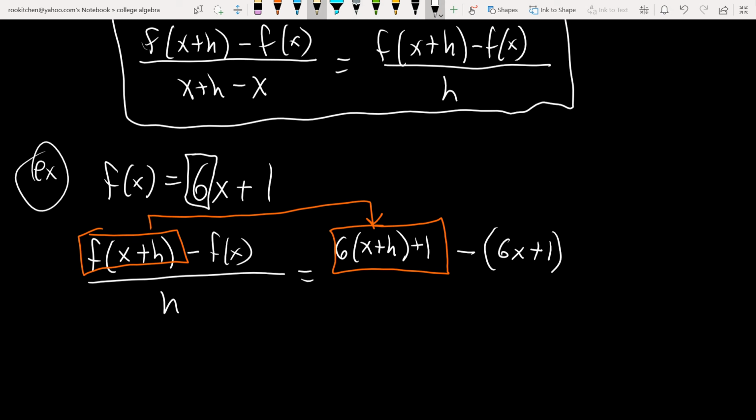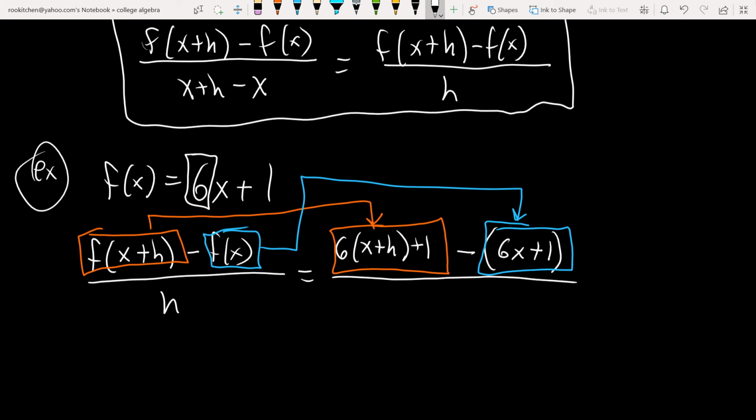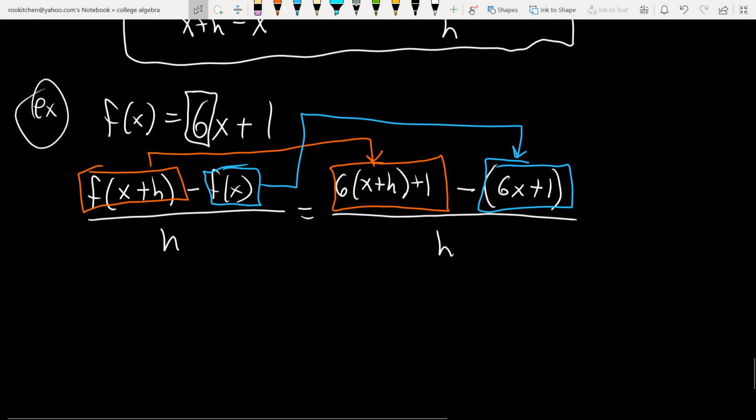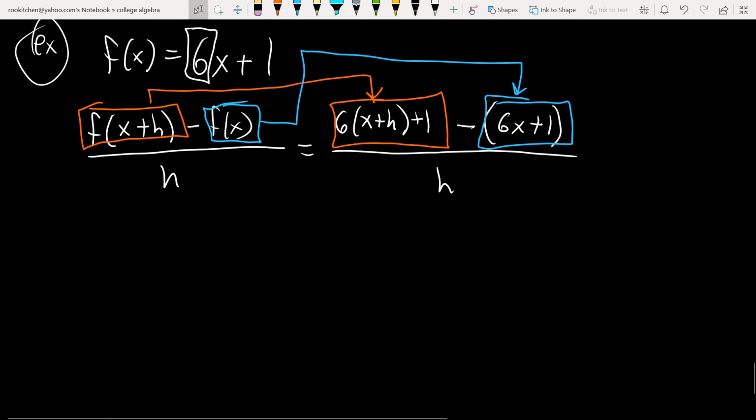Okay, so that is this thing. So f of x here is this guy right here. Okay, and then that's all over h. Okay, and then you're tasked with simplifying the heck out of this thing.